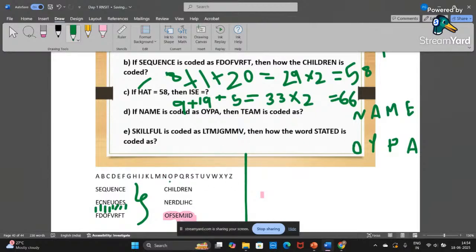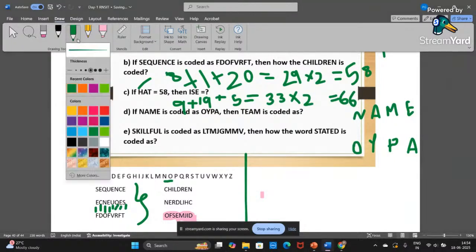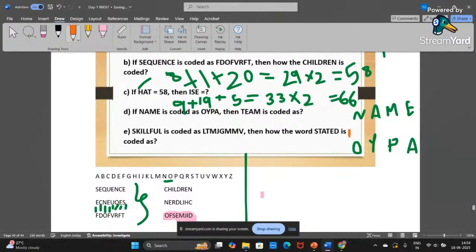For N, they have written as O. That means they have written the next letter. Okay, plus 1. For A, they have written Y. A is here, Y is here. So that means plus 25.